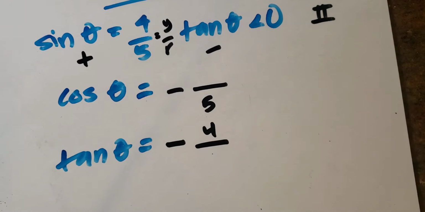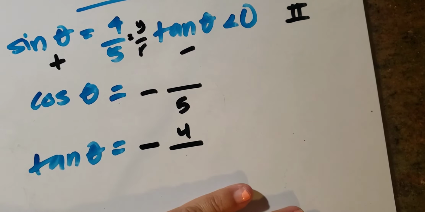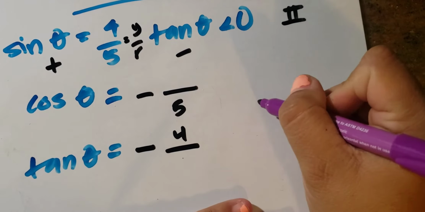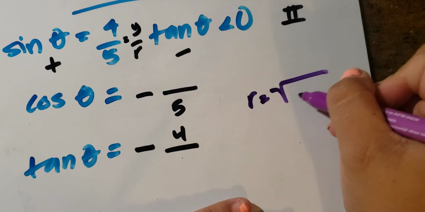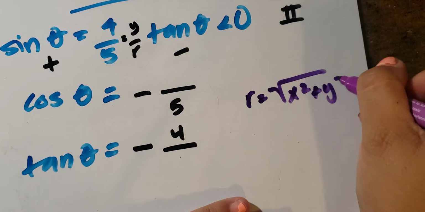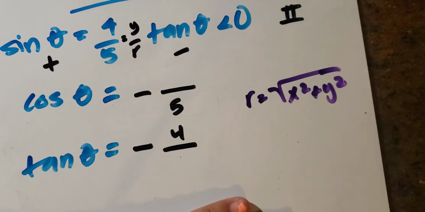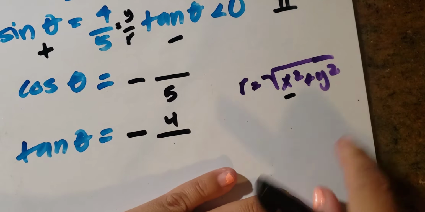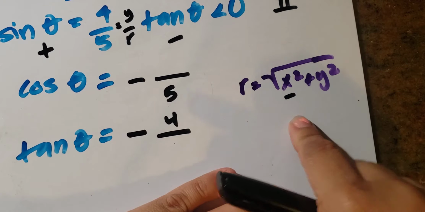So here we go. Since we're looking for x, we're still going to use the formula that we used earlier. R equals square root of x squared plus y squared. This time we're going to have to isolate x, okay? Same formula, we're just going to isolate x.